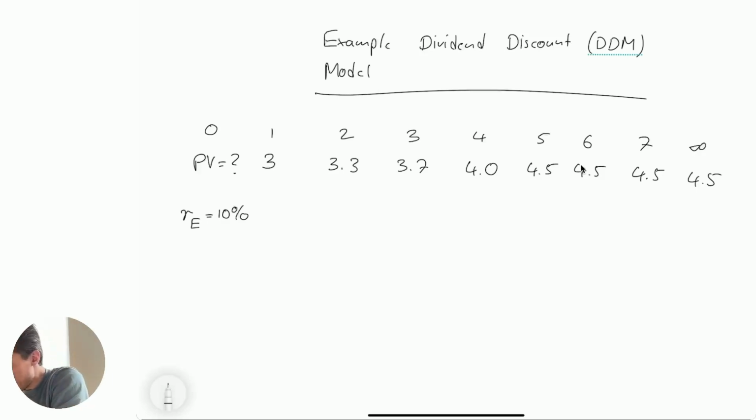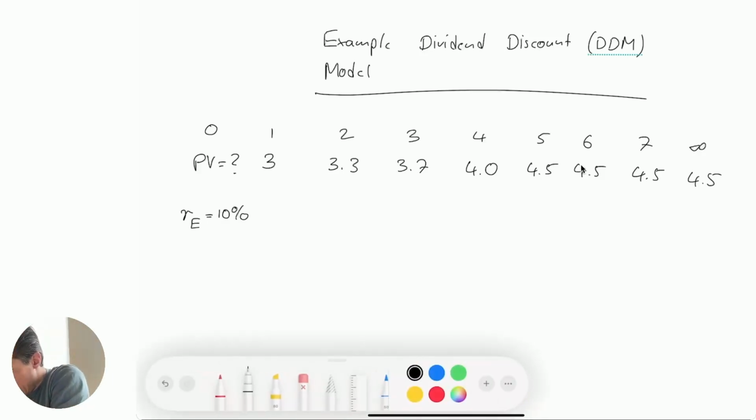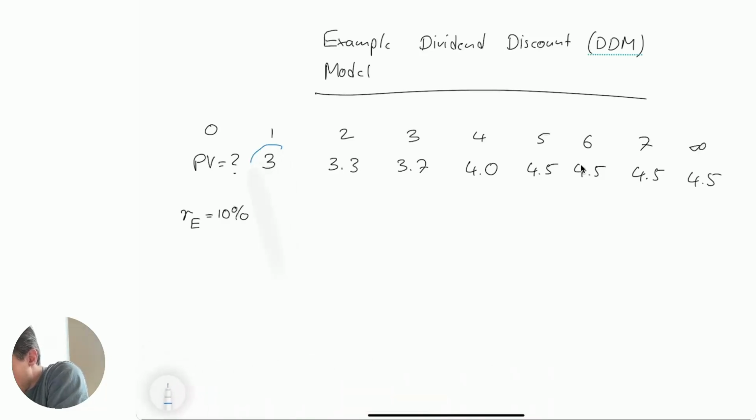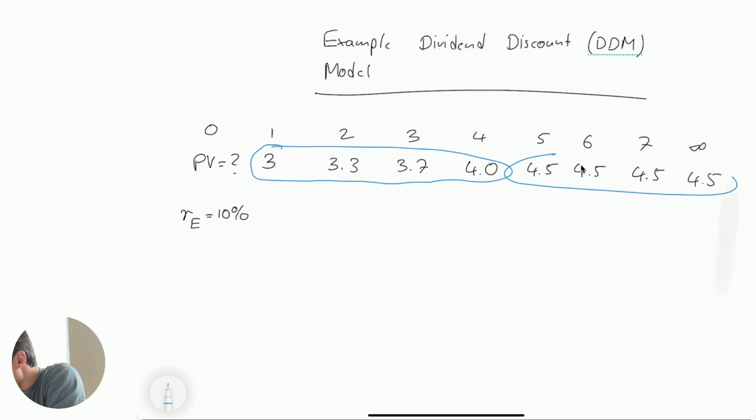Let's do two things. Let's just acknowledge that we have this phase and this phase. As you can see, cash flows remain stable indefinitely, so we use a perpetuity here.